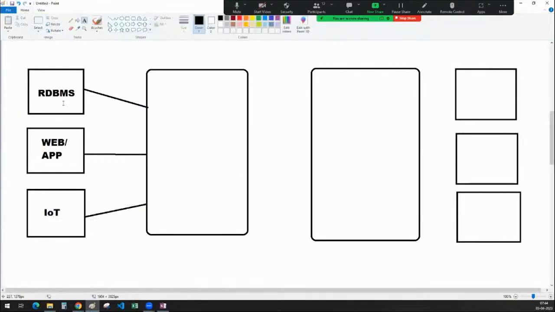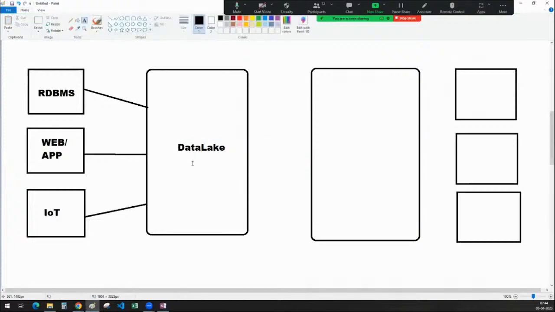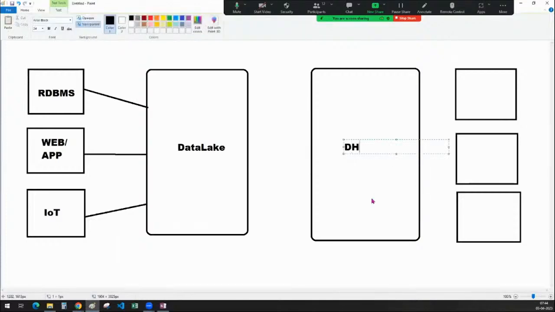So you get data from multiple data sources. You try to ingest the data into the data lake. So this is your data lake, guys. Once you have the data in the data lake, you try to process the data and send it to the data warehouse.